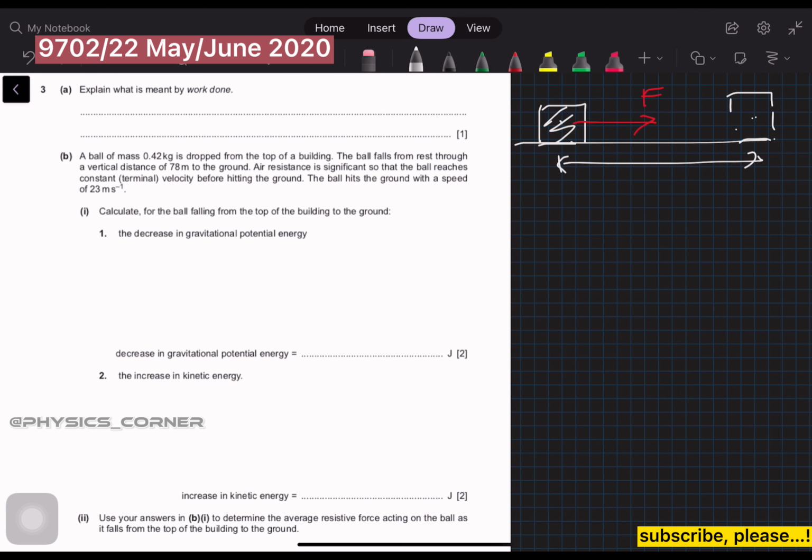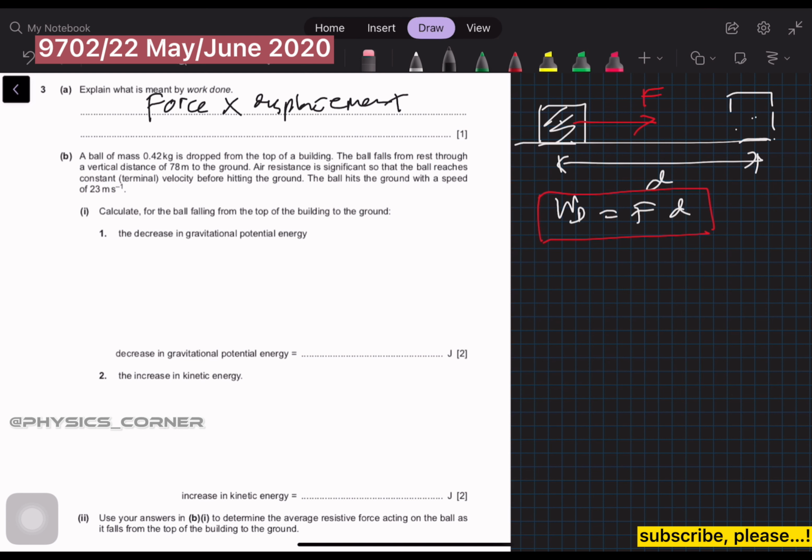This is D. So work done is force times D. So we can say work done is force times displacement. That's it.